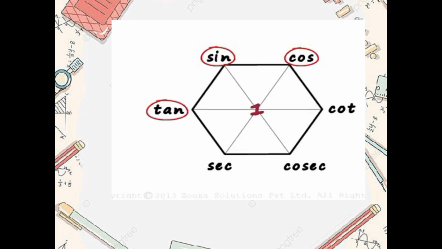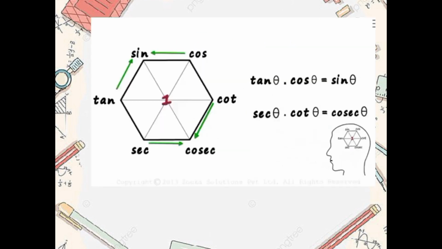So again, tan theta multiplied by cos theta is equals to sine theta.